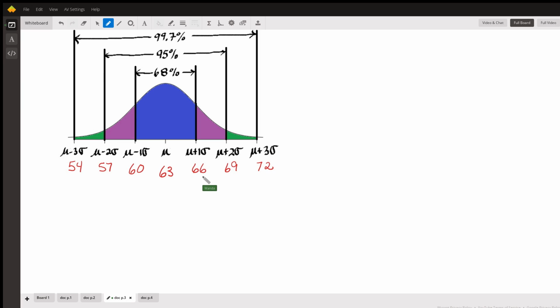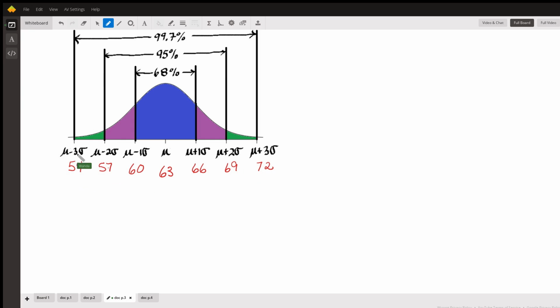So 1 standard deviation above the mean is 66. 2 standard deviations above the mean is 69. 3 standard deviations is 72. 1 below the mean is 60. 2 standard deviations below the mean is 63 minus 2 times 3, which is 6, which becomes 57. And then 1 standard deviation below that is 54.